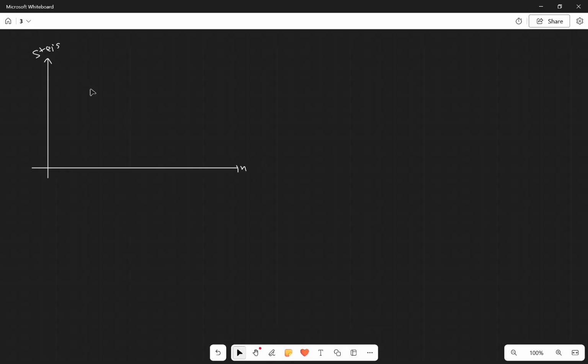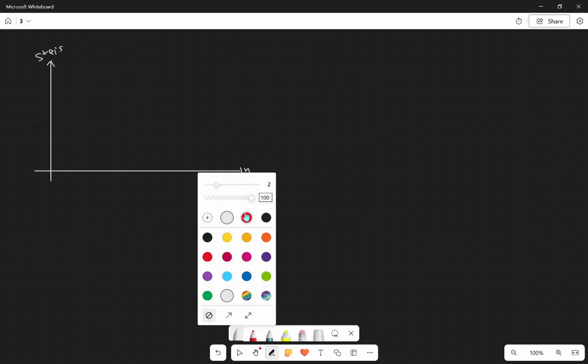You draw two graphs. This is the number of steps you take, and this is the number of books in the bookshelf. Sorry, let's draw another one quickly.